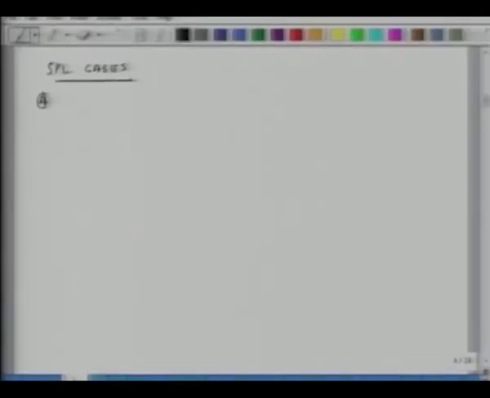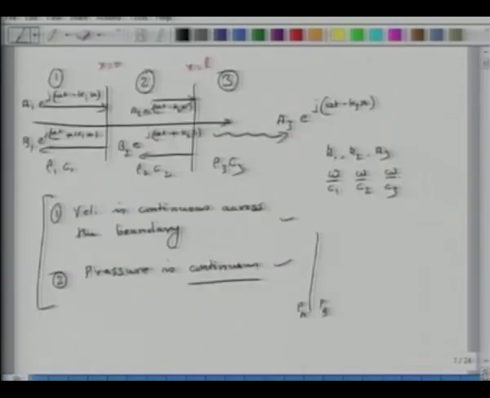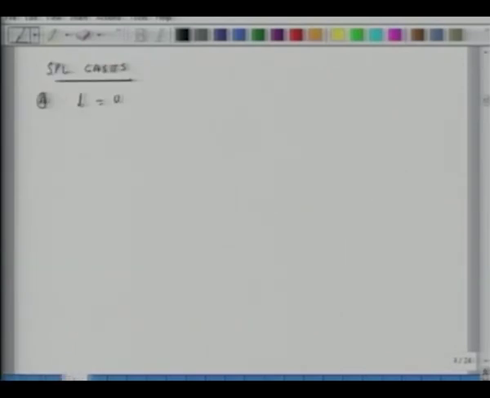First special case is what happens when this L vanishes and becomes 0. L equals 0. Once that happens, then T equals what we call T0, and that is essentially 4 R13 over R13 plus 1, the entire thing squared.